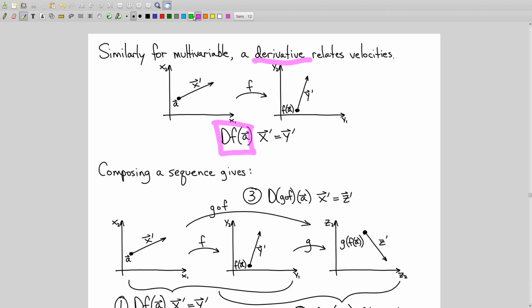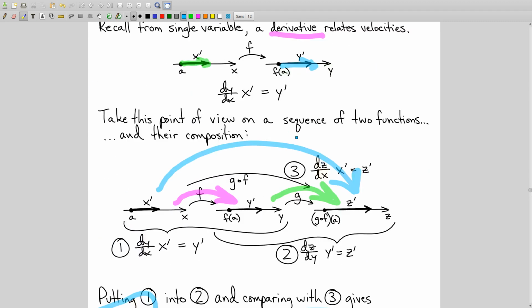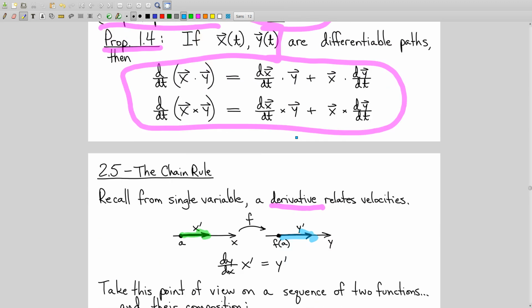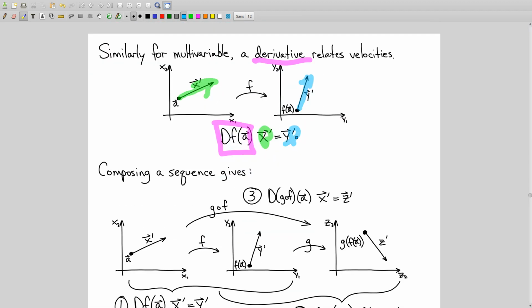The derivative is what you multiply by input velocity to get output velocity, just like in single variable. It's a matrix that you're multiplying by a vector to get a vector, instead of a scalar that you're multiplying by a scalar to get a scalar. The details are different, but it's a factor you multiply by input velocity to get output velocity.